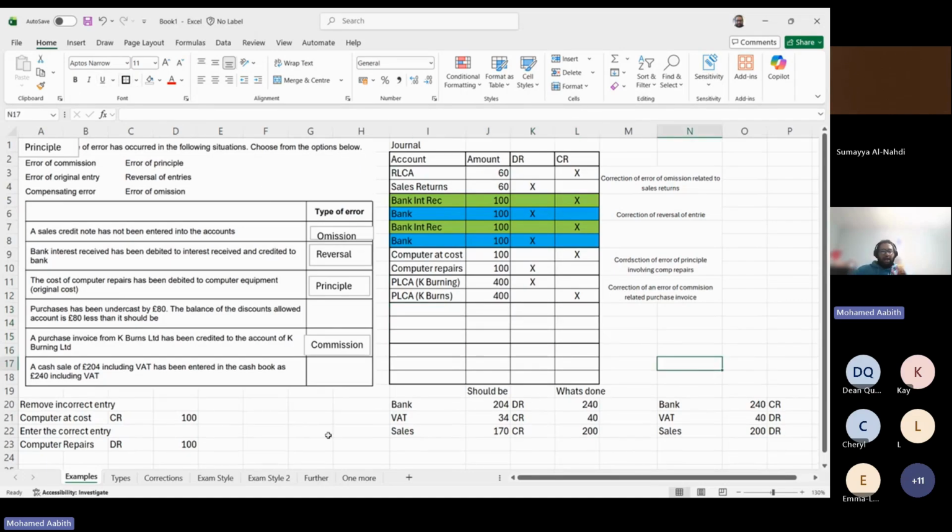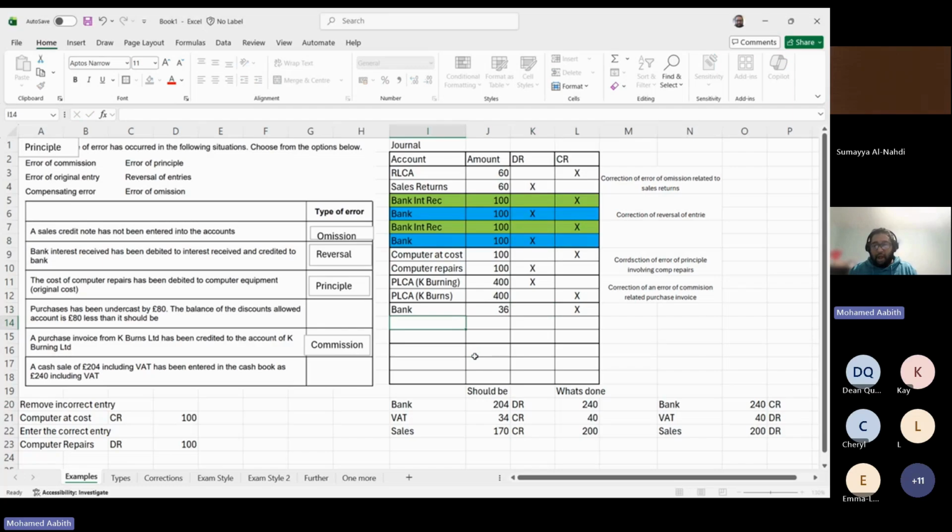Can you see here what happened to my bank account? It's been entered too much on the debit side. The debit side should be only £204, but they entered 240. So we need to take away the £36 difference on the credit side.